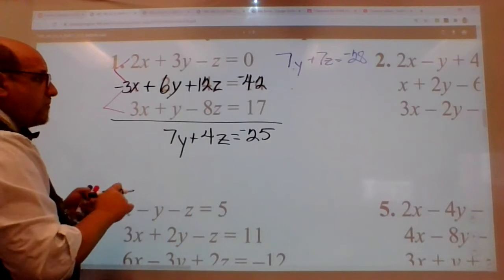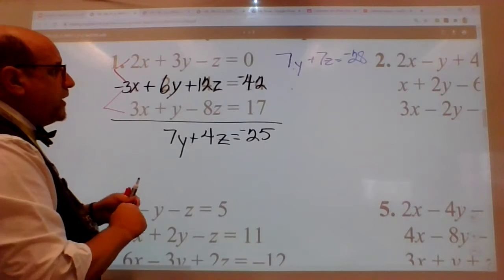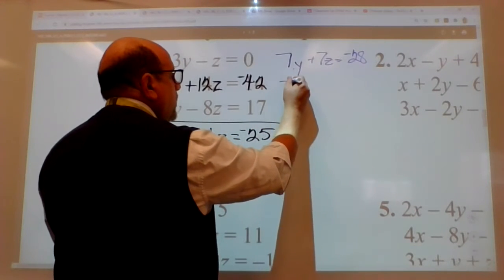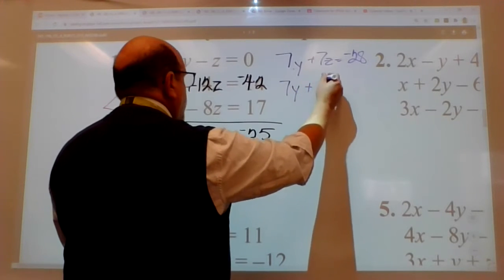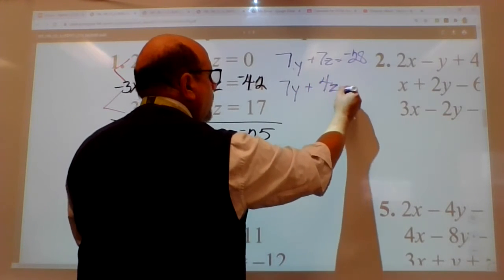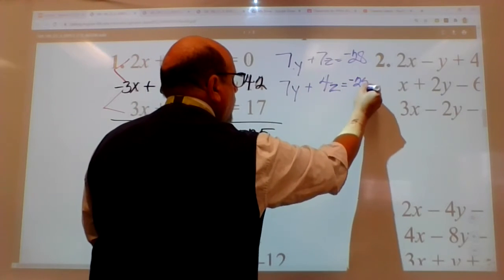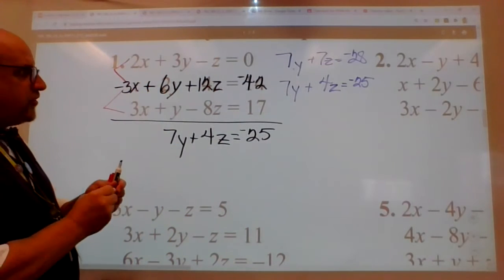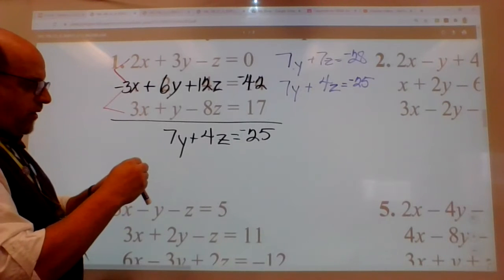All right, so now I have my second one. So rewrite over here my second two-variable equation. Oh, look at that. Set up beautifully. Are you ready? I can now solve by eliminating my y or my z.